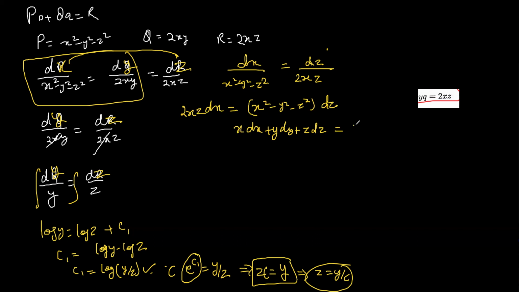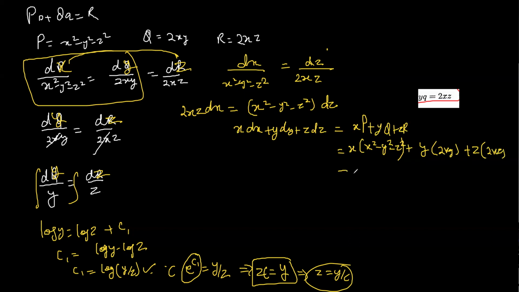Let's suppose this is x p, y q, z r. So put the value of p, q, and r. Okay, what is p? What is q? And what is r?